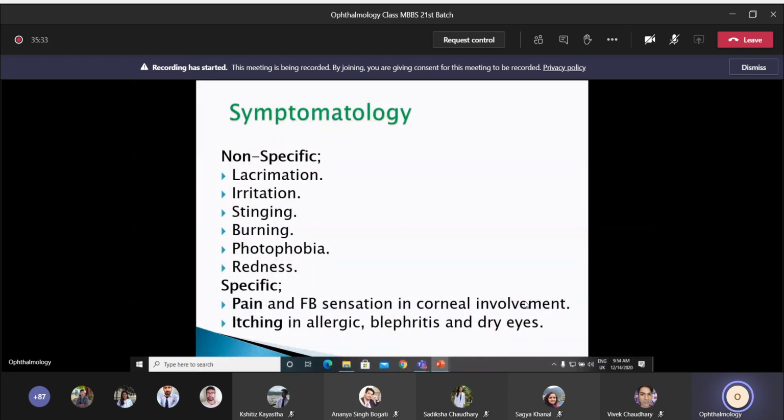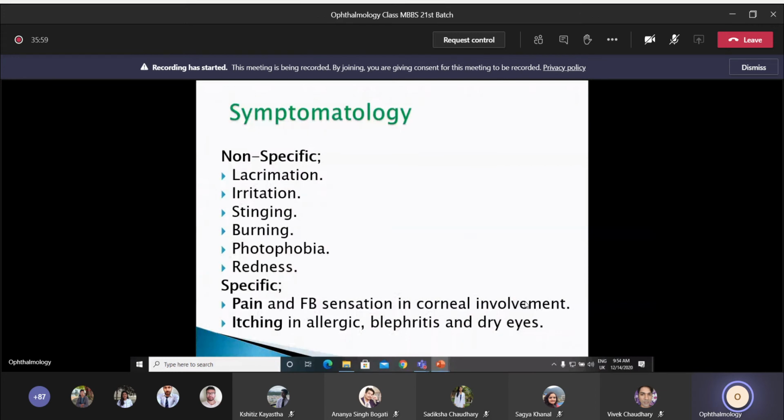Mainly you have symptoms like red eye but no pain, and other non-specific symptoms like lacrimation, irritation, stinging, burning, and sometimes photophobia. Okay, so all these are non-specific symptoms that can be seen in other diseases as well. So that's why they are known as non-specific symptoms.